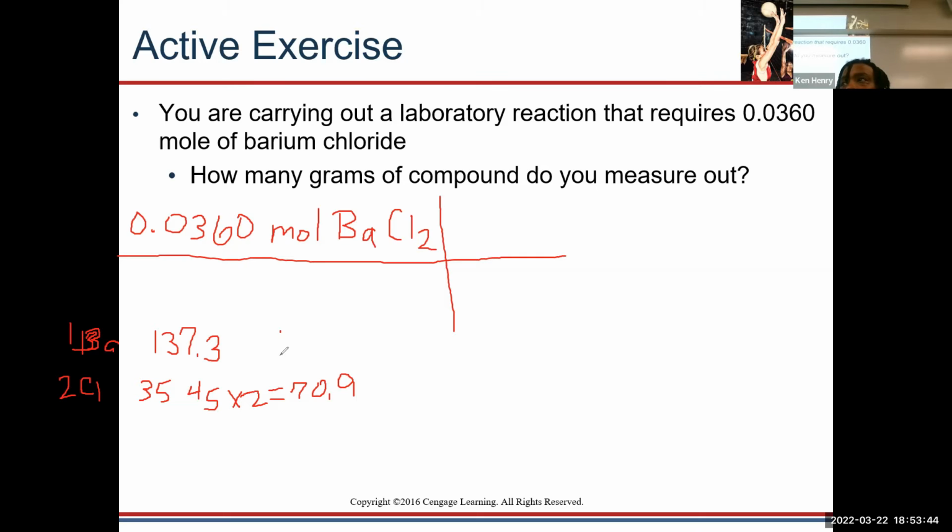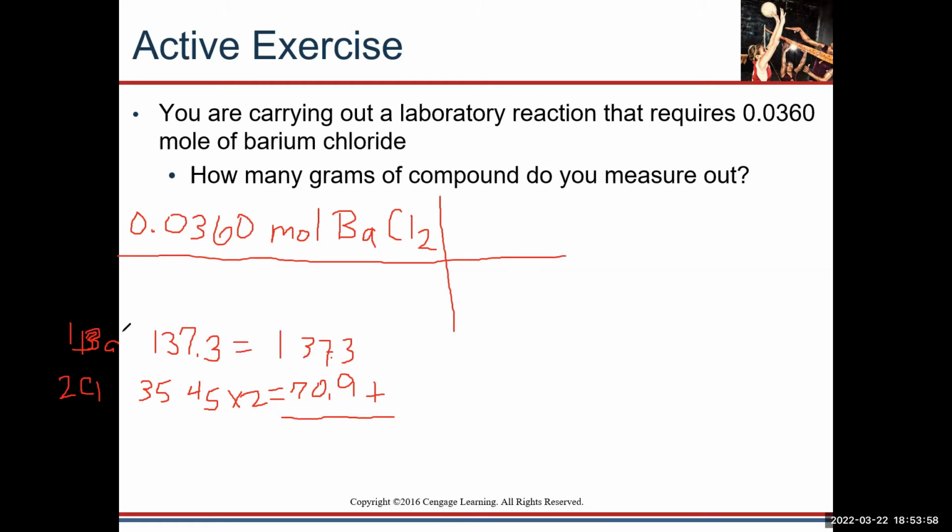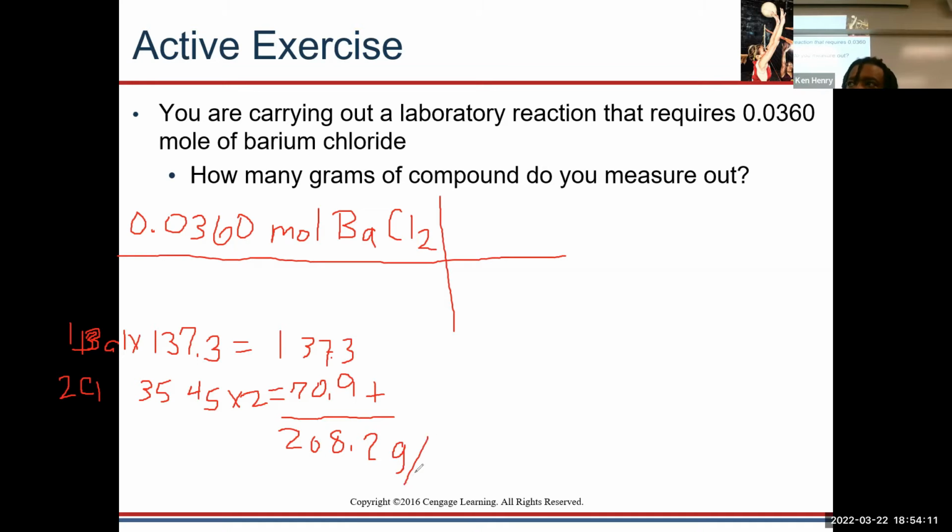So if we add these together, 137.3 plus the chlorines gives 208.2, and the units are grams per mole.